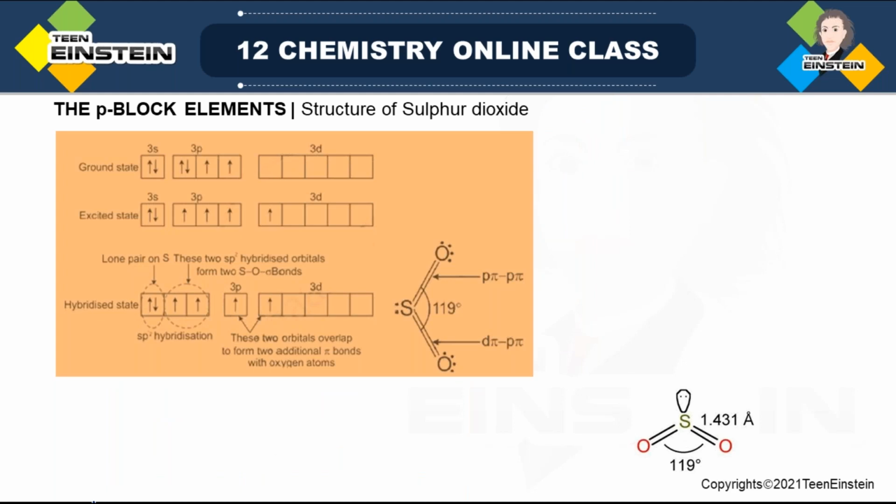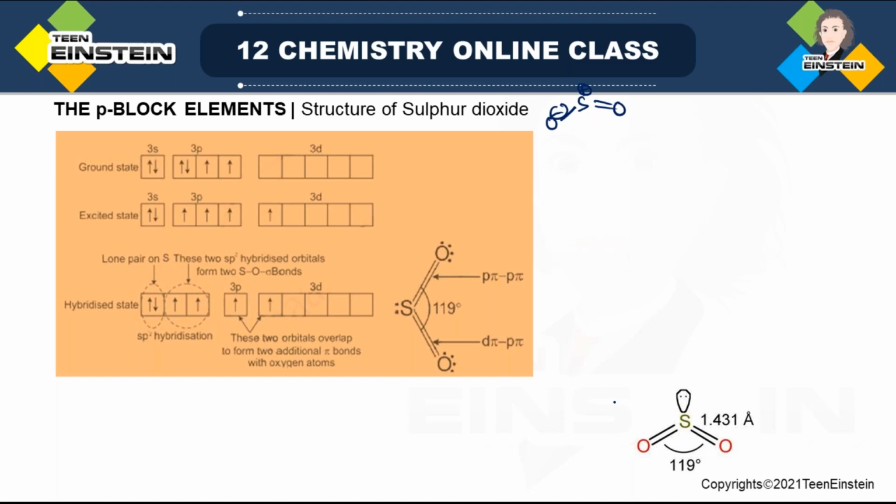Now there are some important structural features of sulfur dioxide, so that is why we are discussing it. One picture we have already seen, in the last slide, that is O=S+–O−, with a double bond.